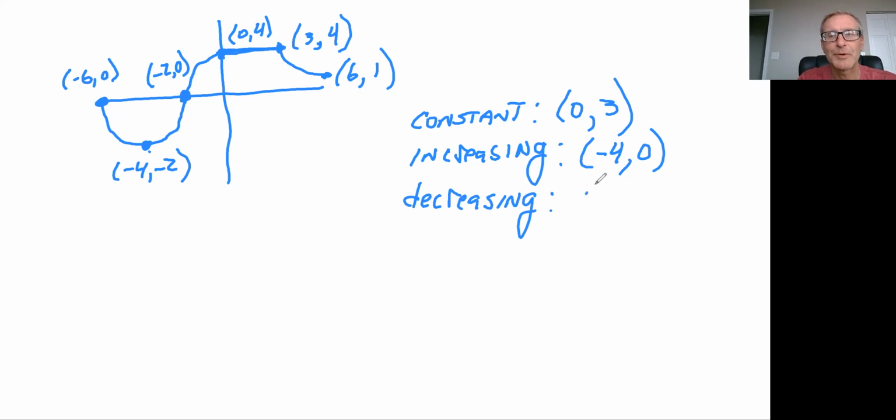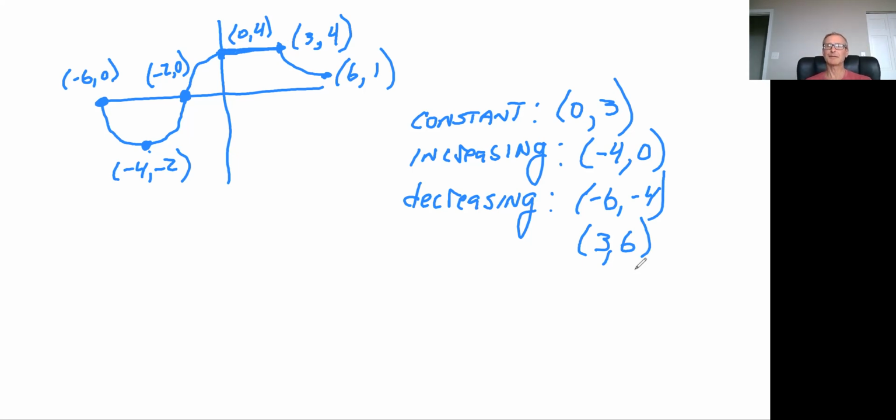So one of them would be -6 to -4. Do you see any other place where it's decreasing? And the answer is yes, from this part of the line segment over here, at x equals 3 to x equals 6, those values are also decreasing.